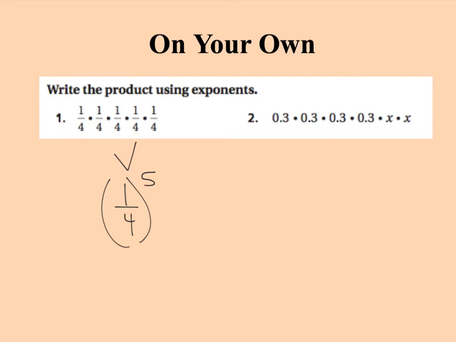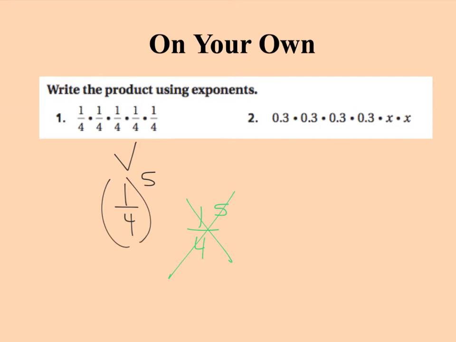If you don't include the parentheses and you just write 1/4 to the 5th power, now you're saying that the base here is just 1 and you're multiplying it by itself 5 times, which is not what we want, okay? We want the whole base to be 1/4, which we're multiplying by itself 5 whole times. Again, parentheses are super important here, especially with fractions.